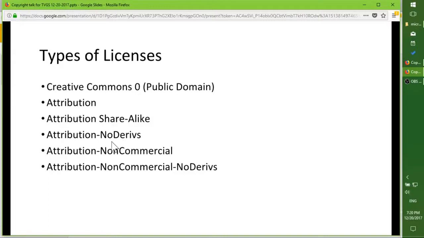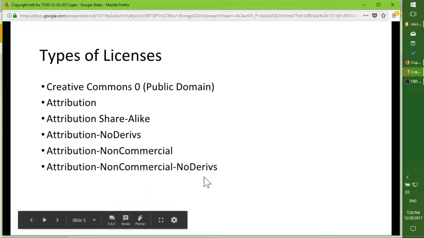I'm not as familiar with no derivatives, but I imagine you can't change it and make it something else. And non-commercial means don't use my work to sell, don't try to sell my work as your own. That makes sense, and it's about the most restrictive.